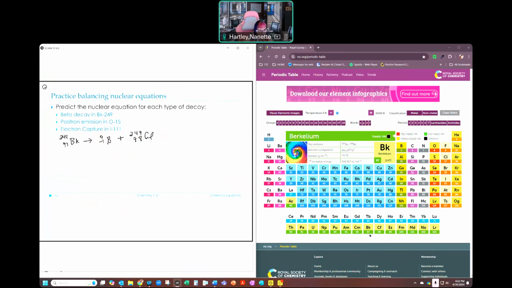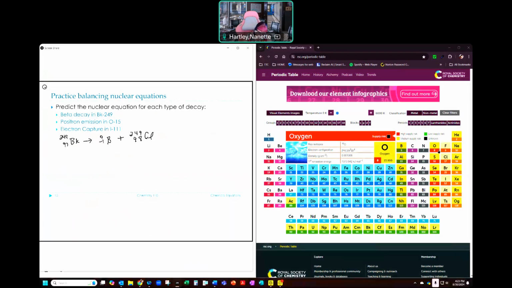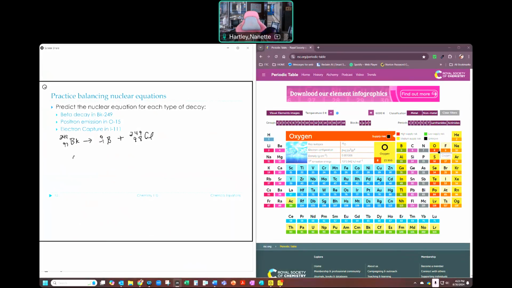Positron emission in oxygen 15. Oxygen being number 8, he's right here. So O 8 and his mass number is 15. We're getting a positron emission, so 0, -1 beta, because that's one of the ways I can symbolize him, plus 15, because there's no change in the mass number.